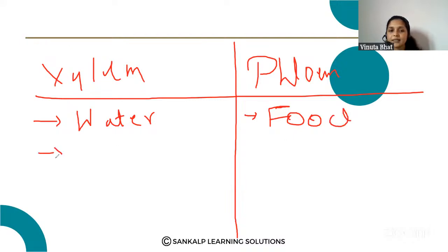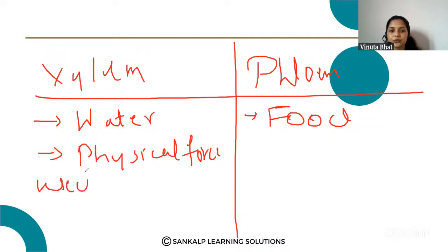Then xylem uses simple physical forces to transport the water from roots to the shoots.